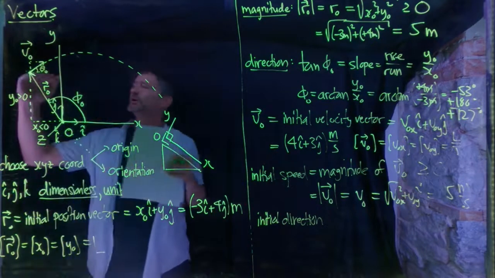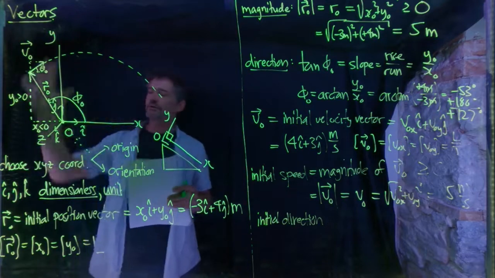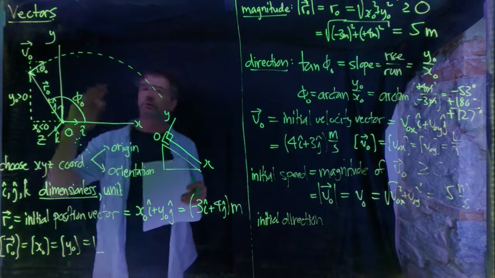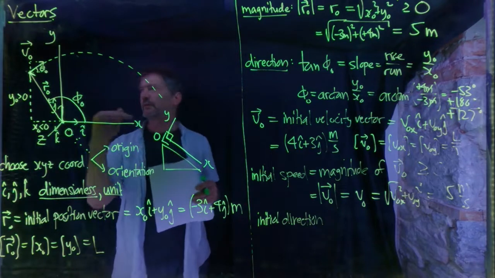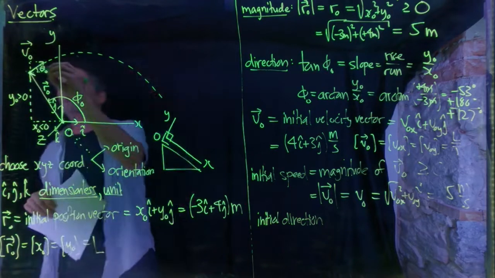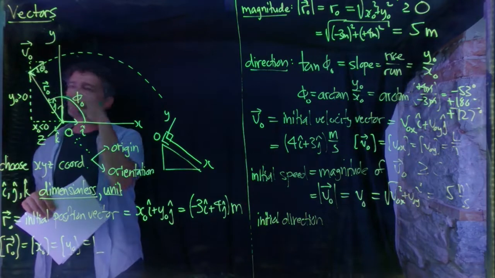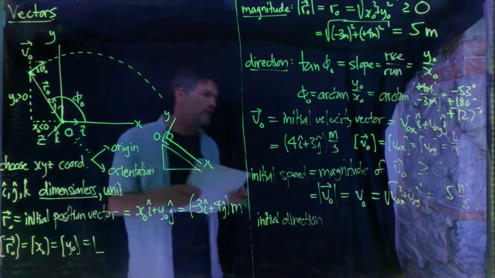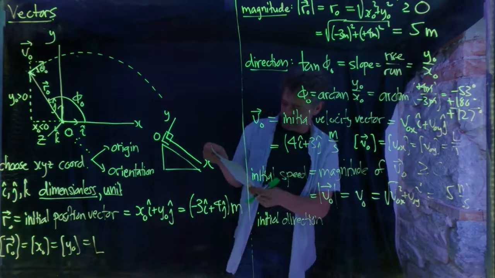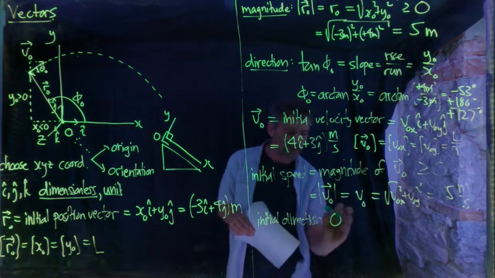Remember that in a two-dimensional situation we always measure angles counterclockwise from the positive x-axis. That's the positive x-axis, and counterclockwise is this angle of the triangle. The tangent of theta 0 is opposite over adjacent, so it's v0y over v0x.